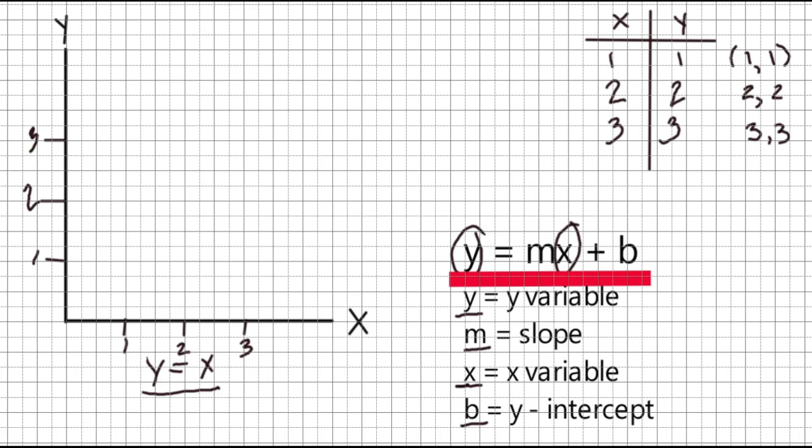Okay, so let's start marking our points. So the first point is 1, 1. So right about there. Our next one is 2, 2. And 3, 3.